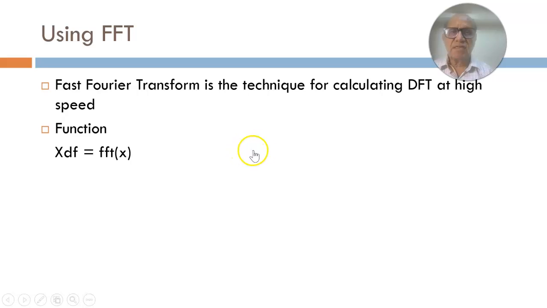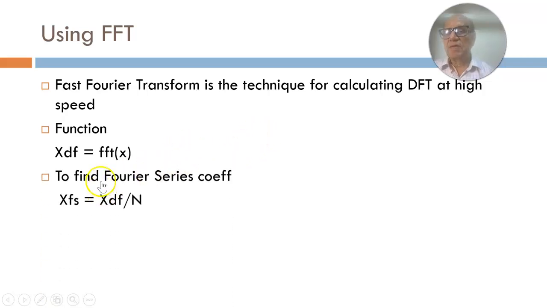But as we have seen, if you want to obtain the Fourier series using the discrete Fourier transform, you have to divide this by N. So to find the Fourier series coefficient, you calculate XFS. This is the discrete Fourier transform XDF. This is XFS, the coefficients for the Fourier series. So you divide XDF by N. Then XFS is a complex quantity.